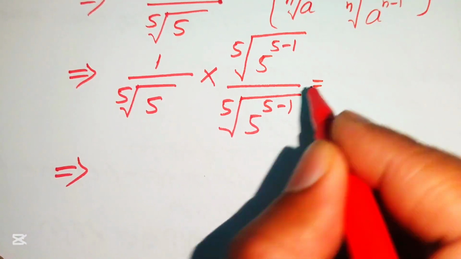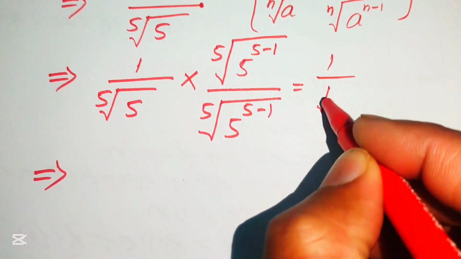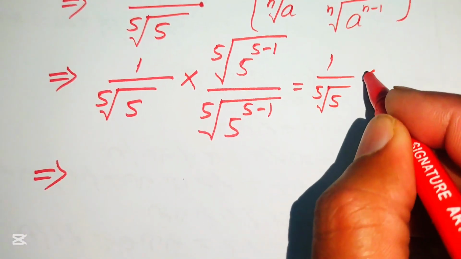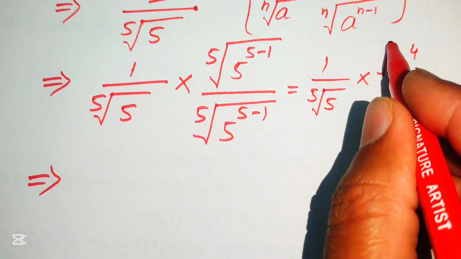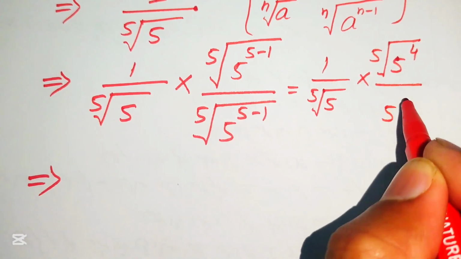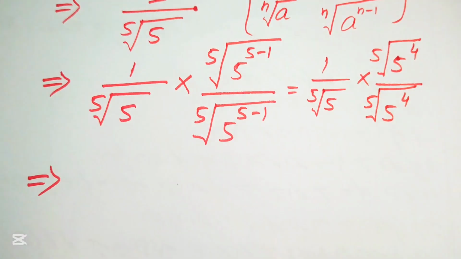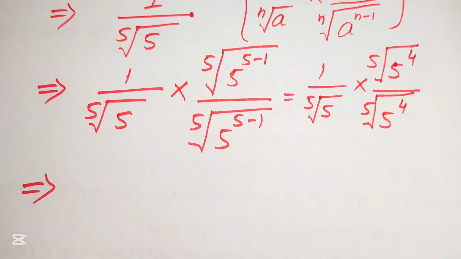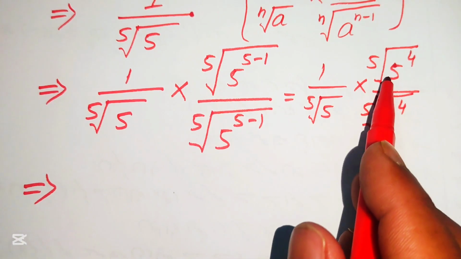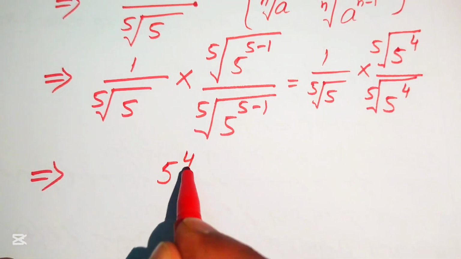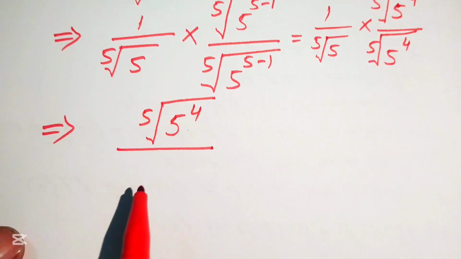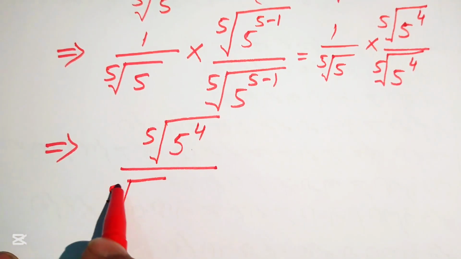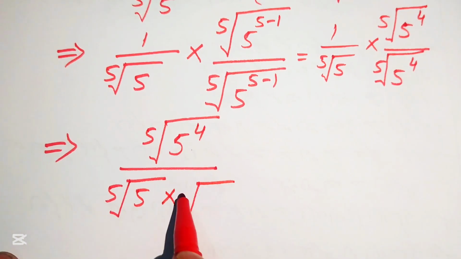First we simplify: 5 minus 1 becomes 4, so we have 1 over the fifth root of 5 multiplied by the fifth root of 5 to the power of 4, divided by the fifth root of 5 to the power of 4. When you multiply 1 with the numerator term, we get this term only: the fifth root of 5 to the power of 4, divided by the fifth root of 5 multiplied by the fifth root of 5 to the power of 4.